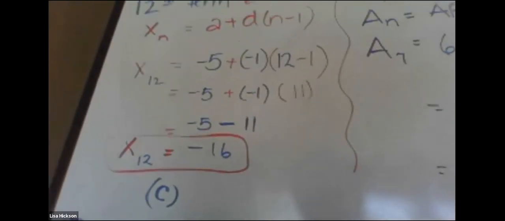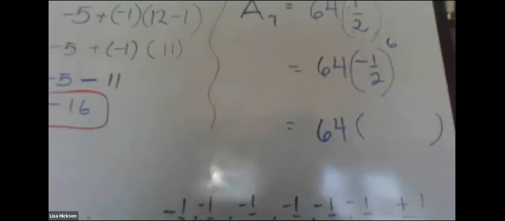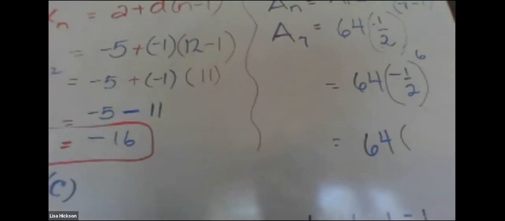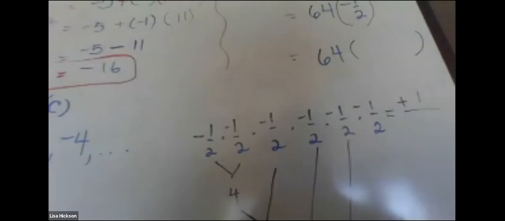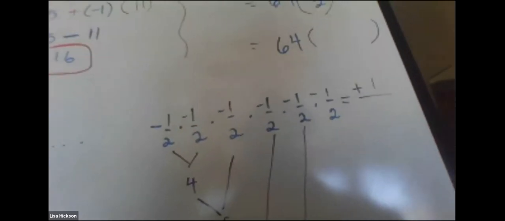Now let's multiply across this bottom. 2 times 2 is 4, times 2 is... 6? No, 8. Don't add them, multiply them. What's 8 times 2? 16. What's 16 times 2? 32.